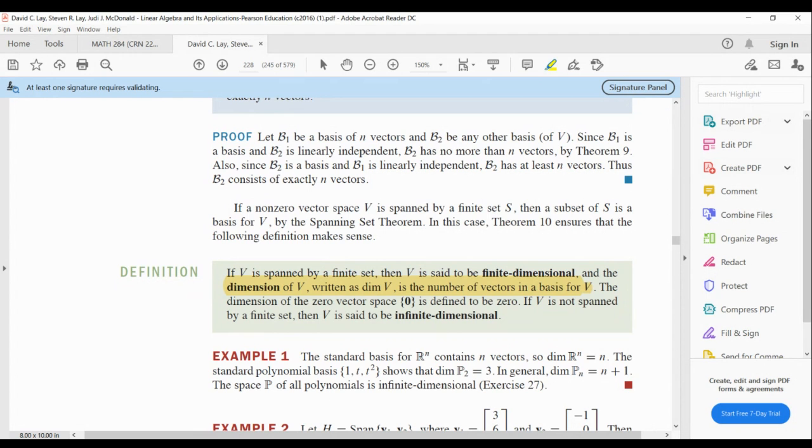Let me go to the whiteboard here and do a quick example. I want a basis for three-dimensional space.